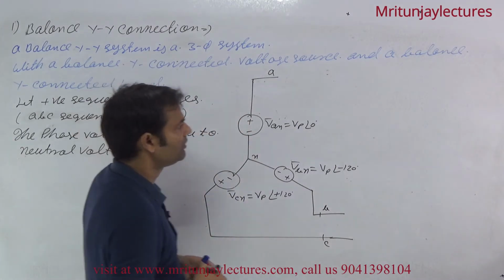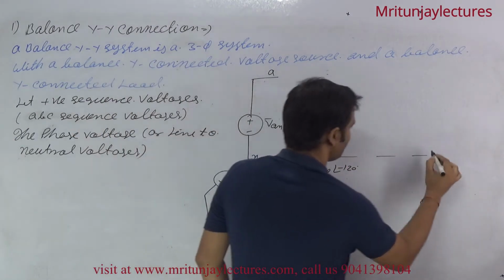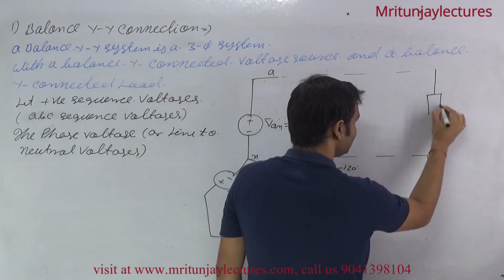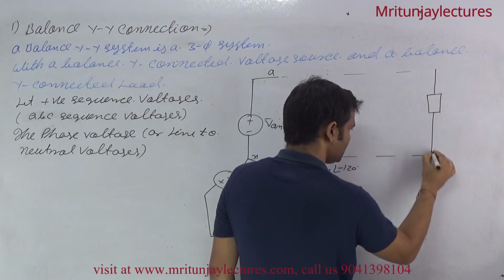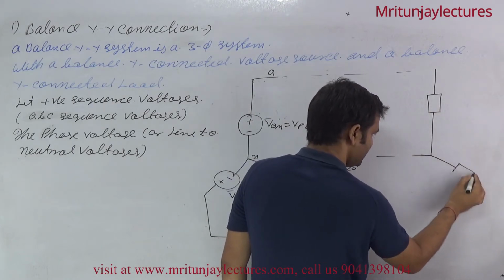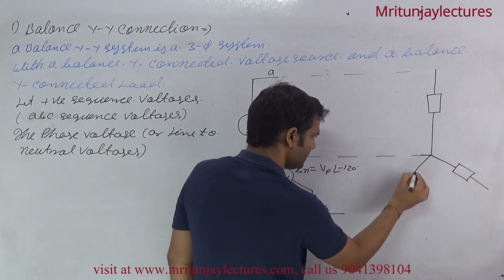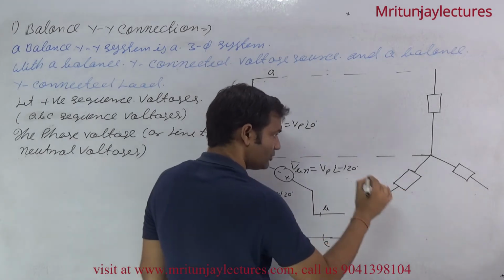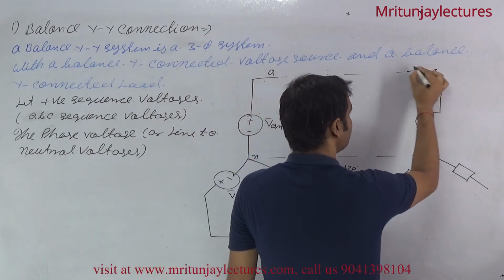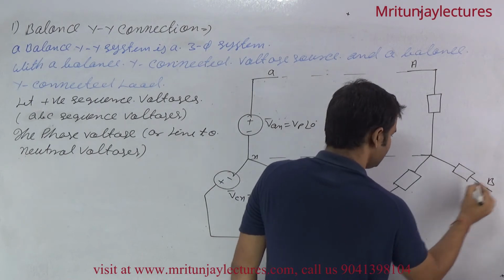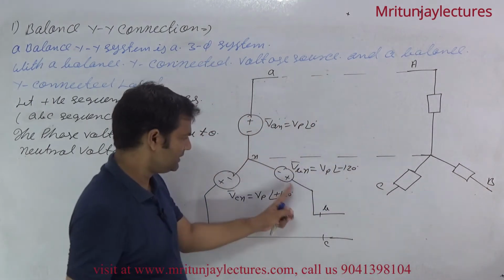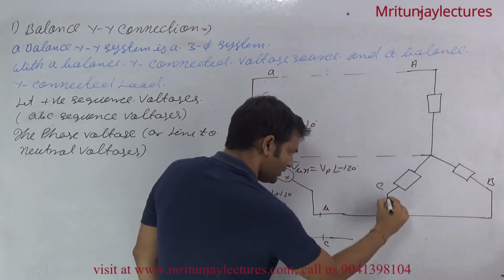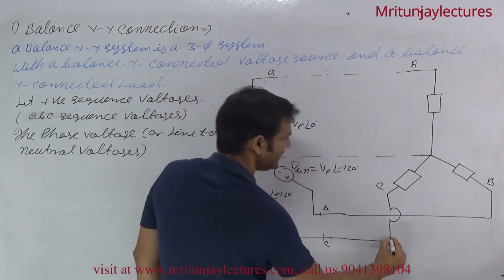Clear? Now we connected corresponding to load here ZL like this one, and three phase balance load in star connected like this one. Now how to connect? Suppose that is capital A and this one is B and this one is C. A connected to A, B connected to B like this one, and C connected to C like this one.